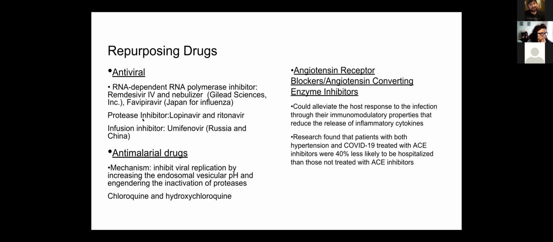But these are more for whenever you're already infected. The only one that may help prevent is the fusion inhibitor, which might be used to lower viral load. It's the only one that may be used preventively.